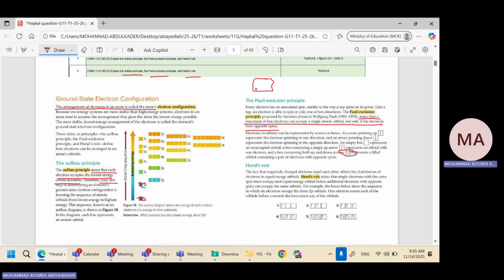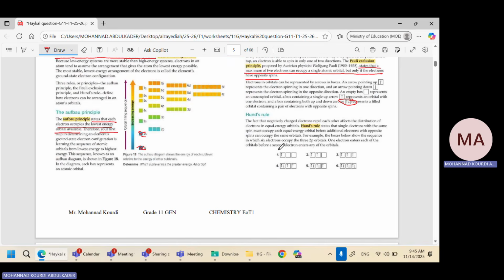It's not allowable. For example, I have one electron and another electron with the same direction of spin. This is completely wrong. While if I have them just like this, it is correct. It should be in the opposite direction of spin.